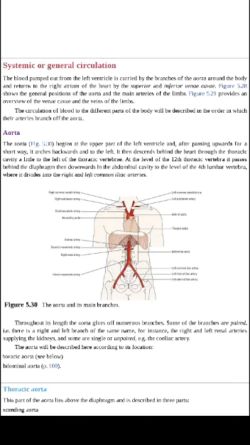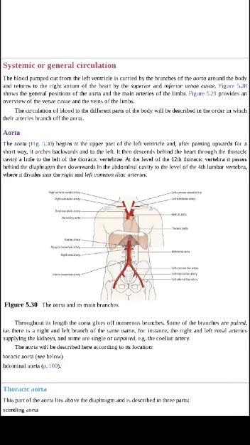Okay, so now we have to understand that when the blood leaves the left ventricle, enters our whole body and comes back to the right atrium, this part is called general circulation or systemic circulation, in which our blood is moving throughout our whole body.